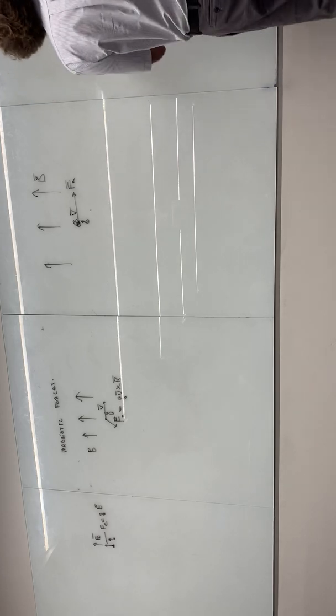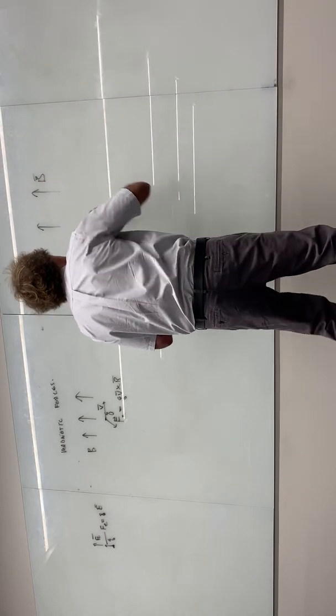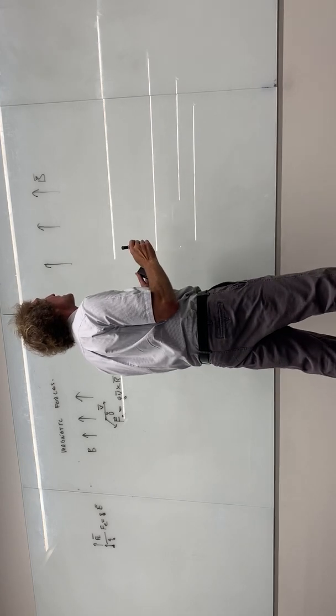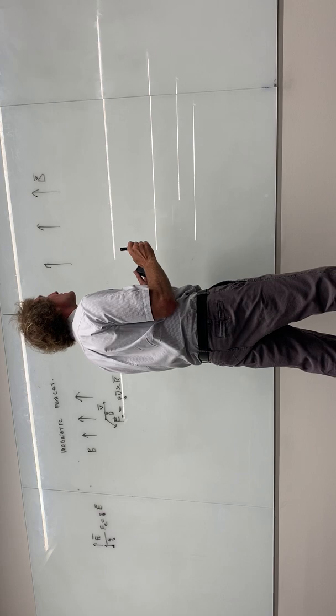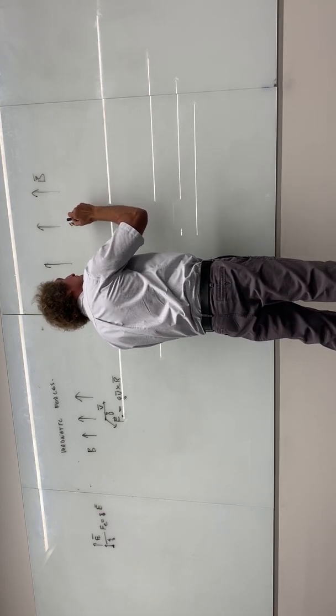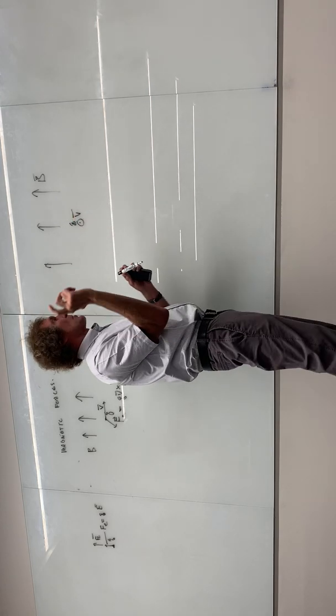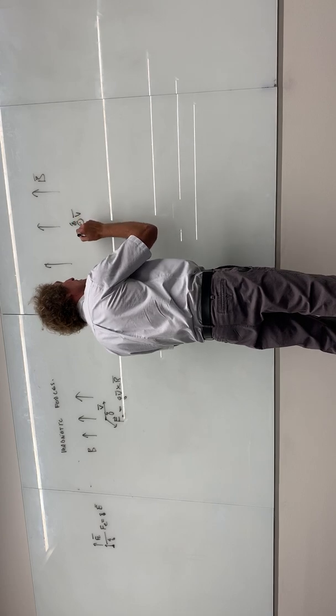actually I'm doing this the wrong way. Let me try to do this. I need, let me get a velocity out of the board. Try it this way. If this is Q and this is V coming out of the board, then QV cross B will be a force this way.